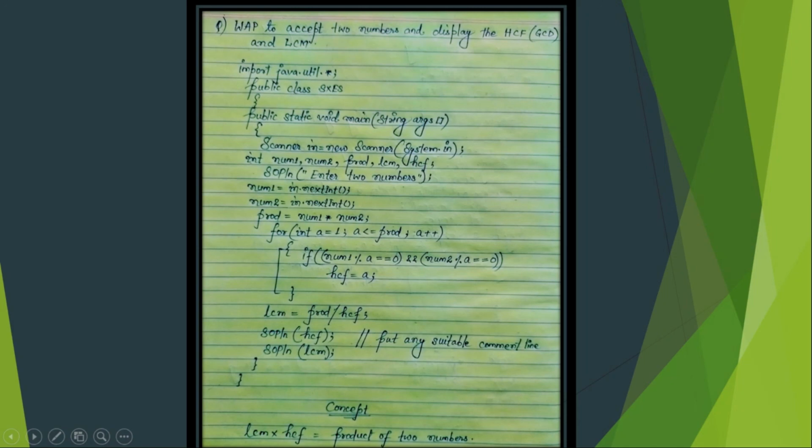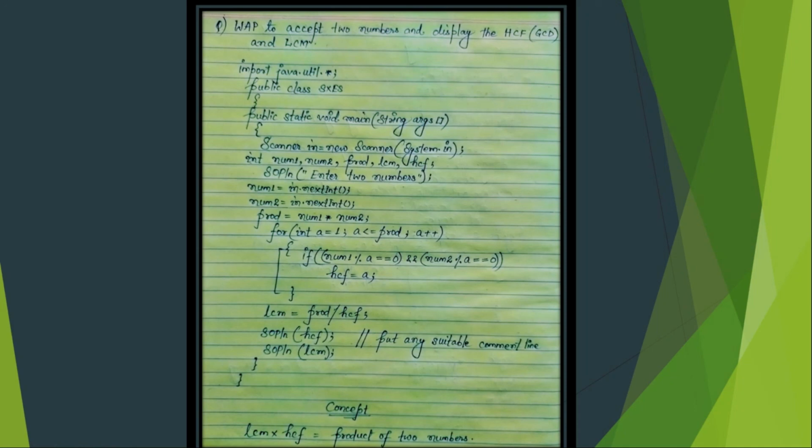This 1 completely divides num1, the remainder comes to be 0, and num2 on dividing by the value of a, that is 1, the remainder also comes to be 0, so HCF will become that number. Now you will think that, sir, since 1 can divide any number, definitely HCF will become 1. But no, it is not like that.